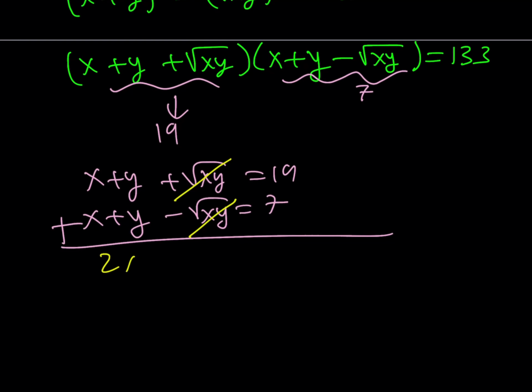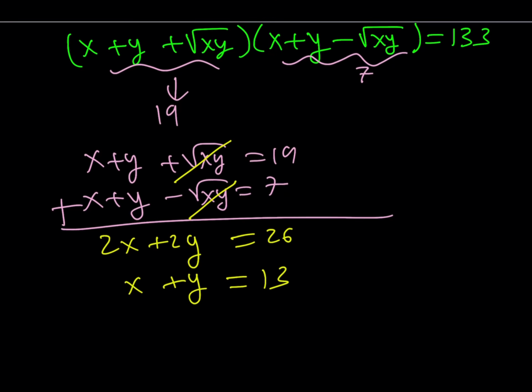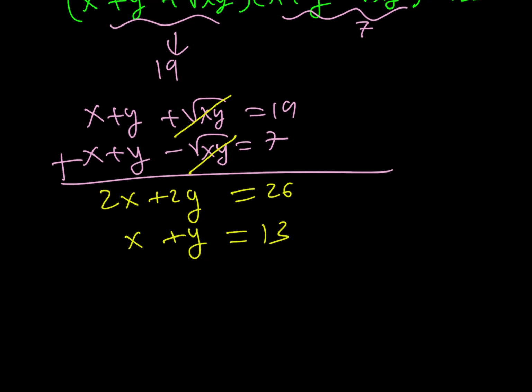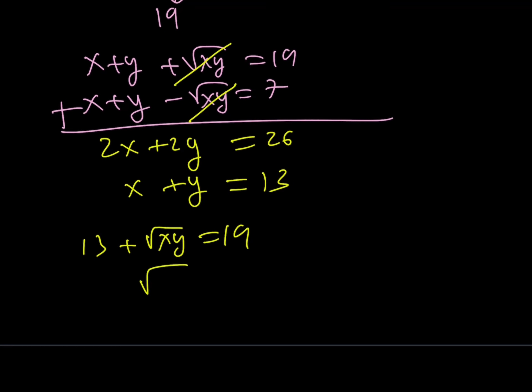out that 2x plus 2y is equal to 26, which means x plus y is equal to 13. And if you substitute 13 into one of these equations, doesn't really matter, let's do the first one, then you get the following. You're going to get the same results. Square root of xy becomes 6, and by squaring both sides, you get xy is equal to 36.